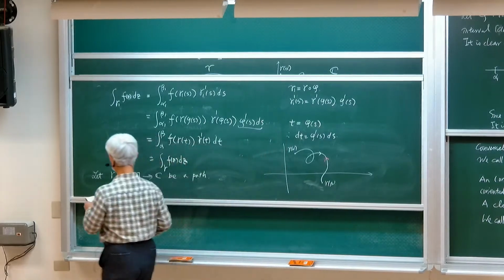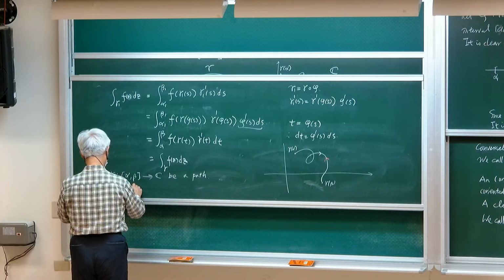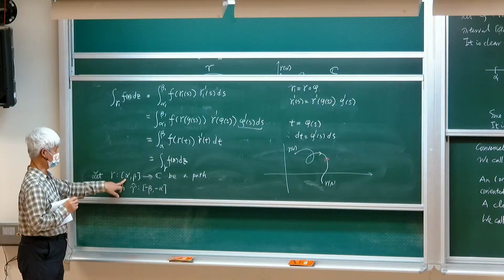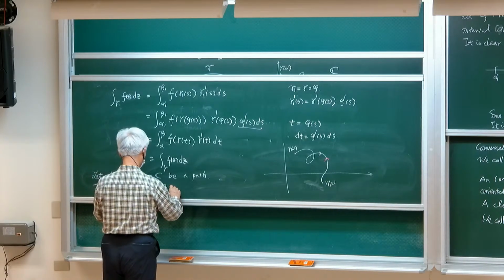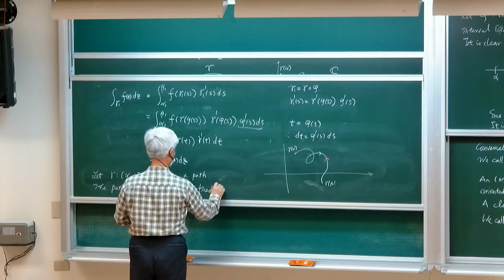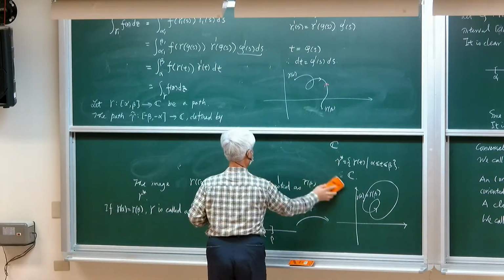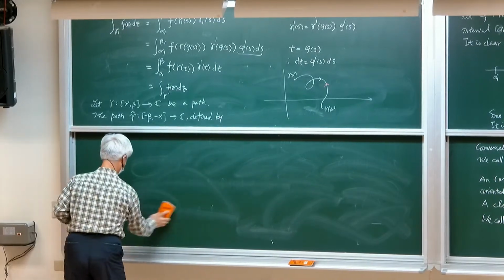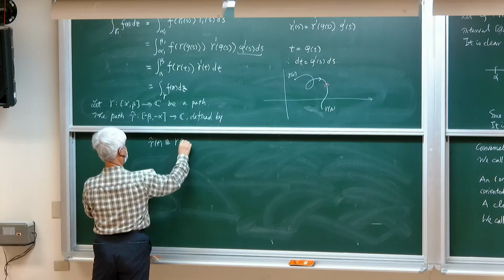One way to do that is to define a mapping. So we define the path gamma tilde, which is from minus beta to minus alpha, because beta is greater than alpha, so minus beta is less than minus alpha, going to C, defined by gamma tilde t equals gamma of minus t.